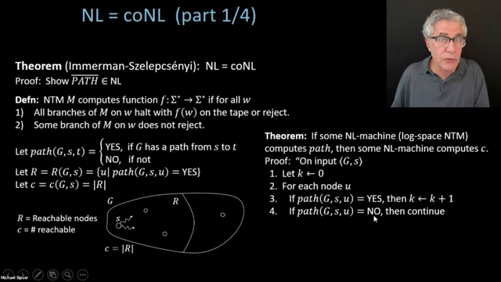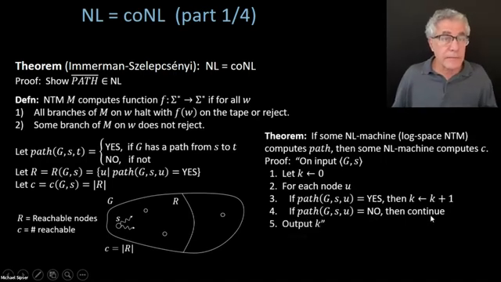If it says no, you cannot reach U, then you just continue. Maybe I should add another line here: if the thing that's computing rejects, then you also reject. And then at the end, you output the count.